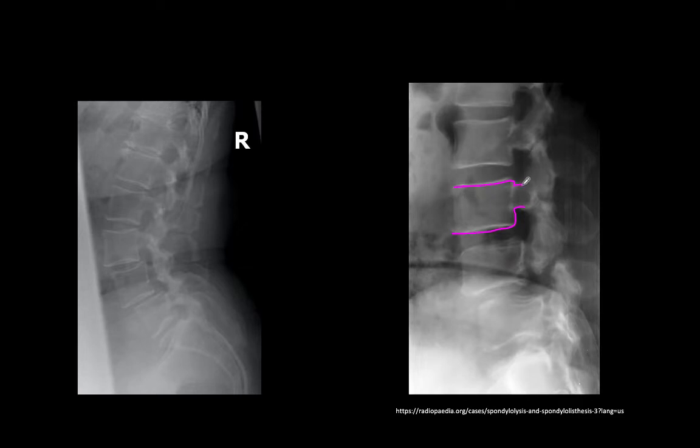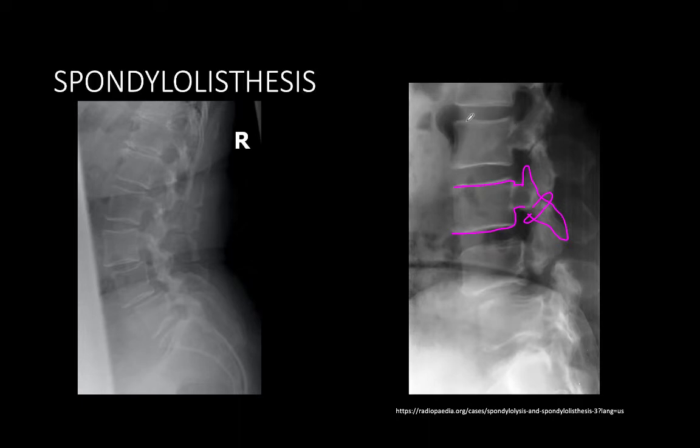Now, the articular pillar in the lumbar spine is very long. Here's the superior articular process. Here's the inferior articular process, and this is the point of connection between them. So when you're looking for a pars interarticularis defect, follow the pedicles back, identify the superior articular process, identify the inferior articular process, and if there's a break between them, there's spondylolysis at that level.